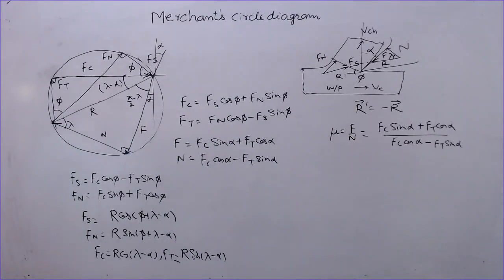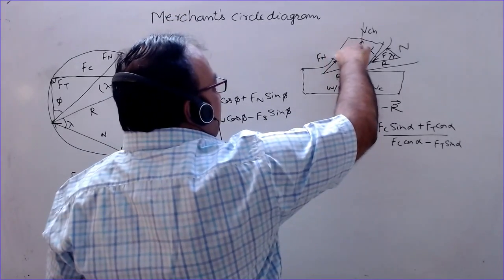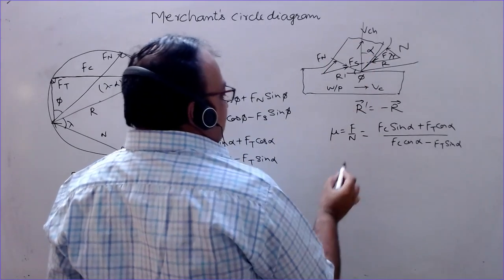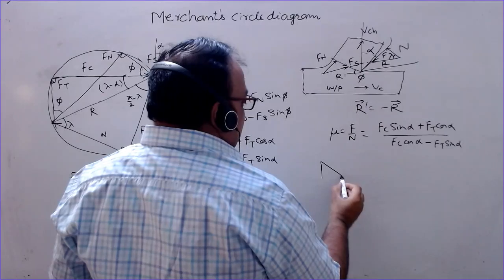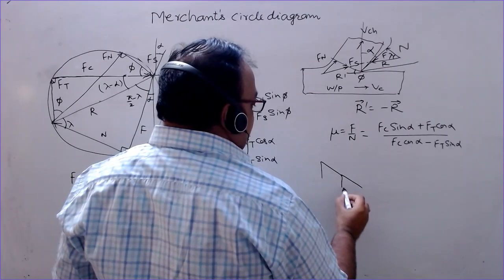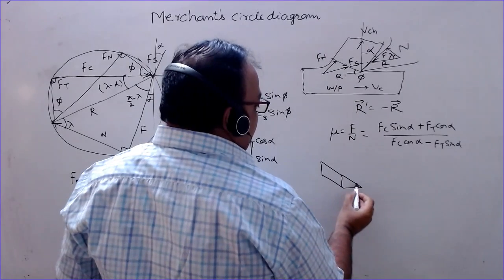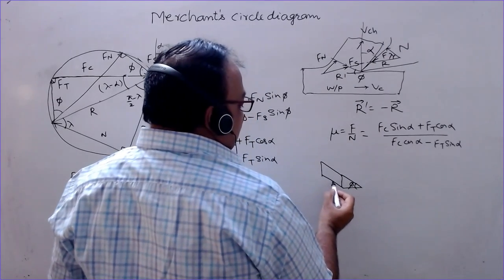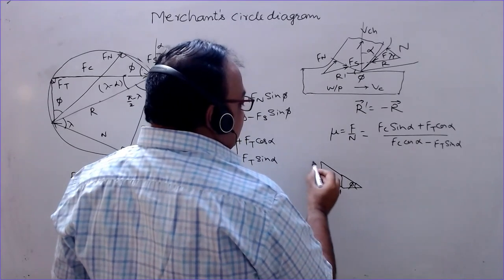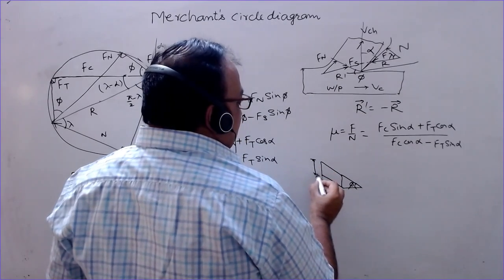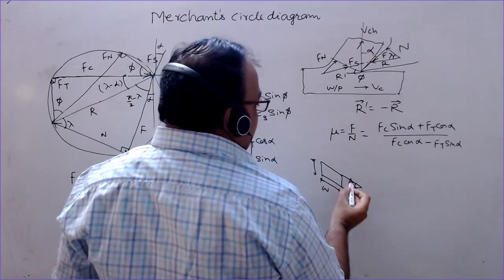And what is the shear area? You can see here, this is the shearing surface. So if I show you the view of the material being sheared, this is the shear plane which is making an angle phi. This is the width of cut W, and this is the uncut thickness, this is the chip thickness.